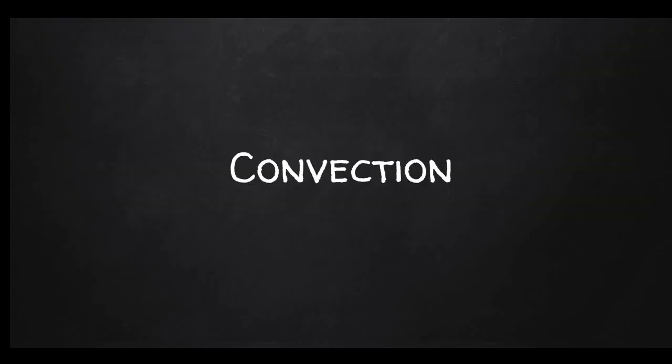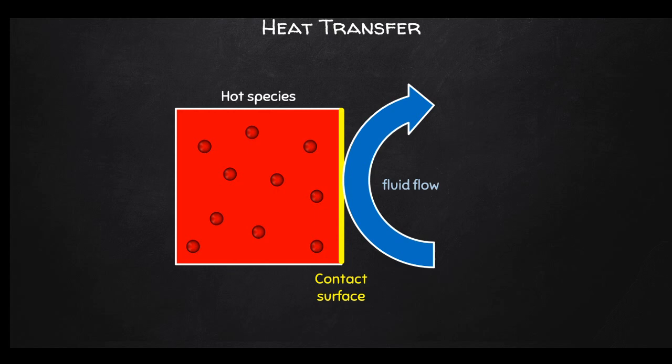So now that we've completed the fundamentals of heat transfer via conduction, we can move on to describing the principle of heat transfer via the mode of convection. Recall that convection takes place when a fluid, either a liquid or gas, moves past a solid surface.